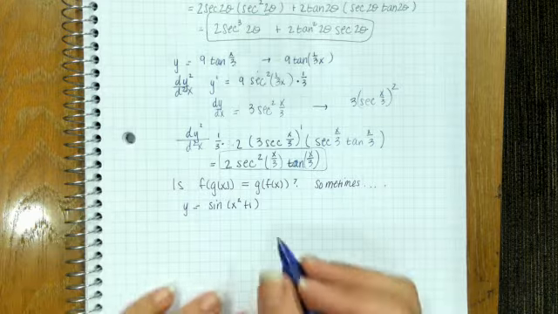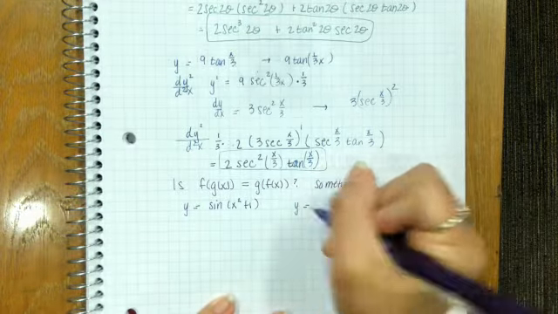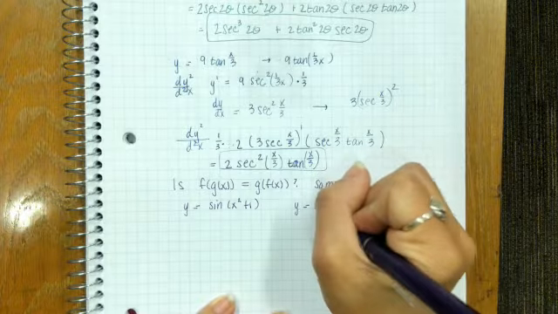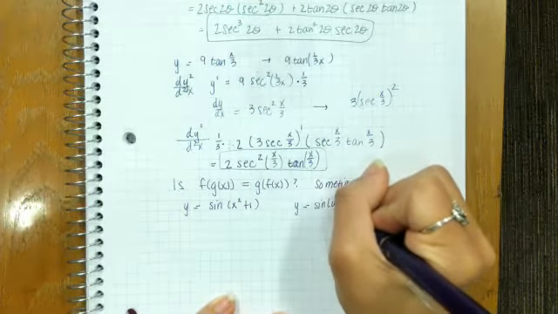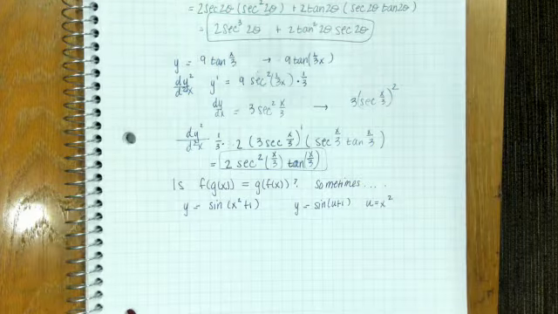I can write this a couple of ways. I can say that y is equal to the sine of u plus 1, where u is equal to x squared.